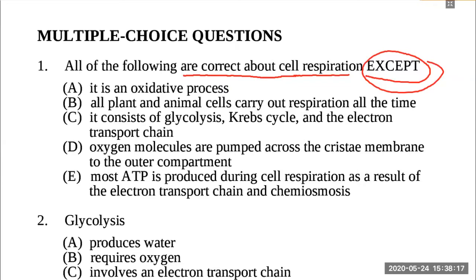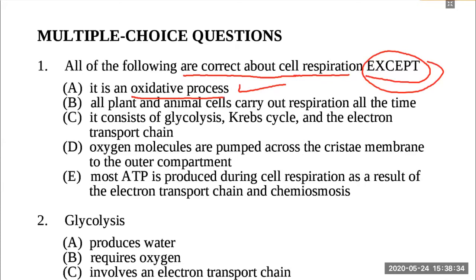Among these five choices, four of them are true about cellular respiration. The first one says it is an oxidative process. Yes, it is an oxidative process.